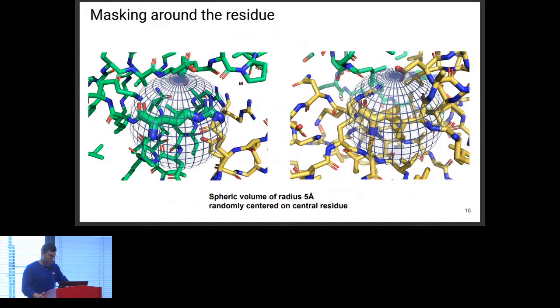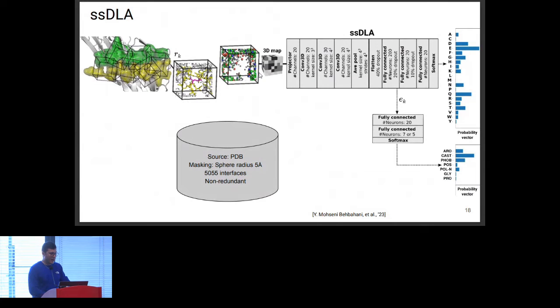So, to train our model, we created a database of non-redundant interfaces we extracted from PDB. And we processed all the interfacial residues of each of these interfaces. Here is an example of one of the interfacial residues. The central residue is shown in pink and its environment is in yellow.